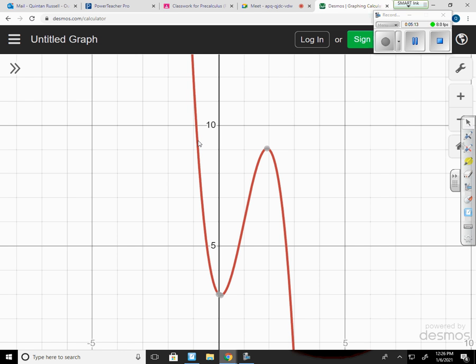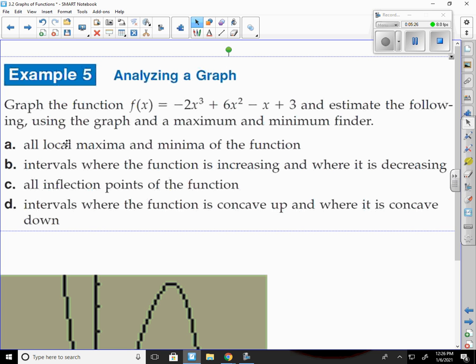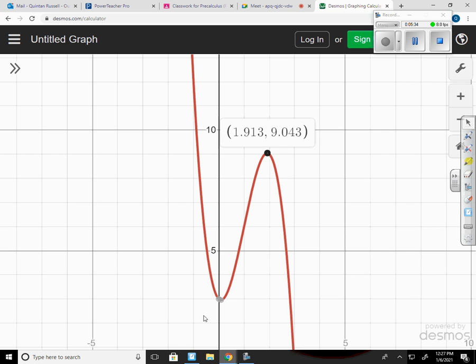So now whenever I look at this graph, it's nice because, again, I have my lowest points marked for me and my highest point marked for me. So it says find all local max and minima. So that's my max, 1.913 and 9.043.